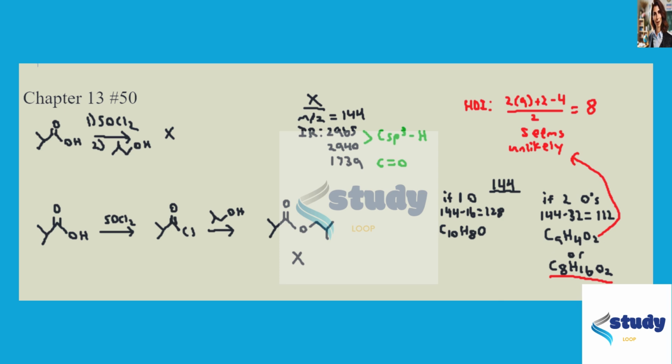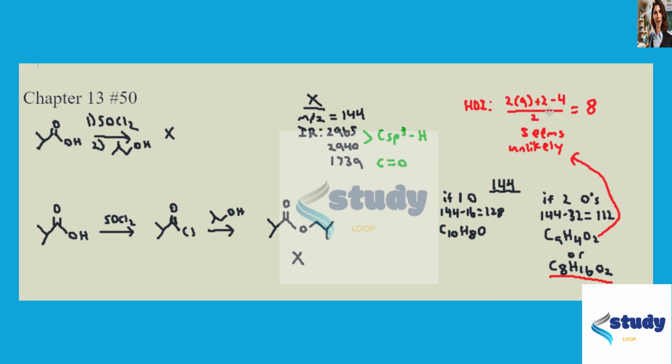And just briefly, to check to see if that's a reasonable formula, we could calculate the hydrogen deficiency index, which I've done up here in red. Remember, to do a simplified version, you multiply the number of carbons that you have by 2, add 2 to that number, subtract the number of hydrogens that you have, and then divide all of that by 2.